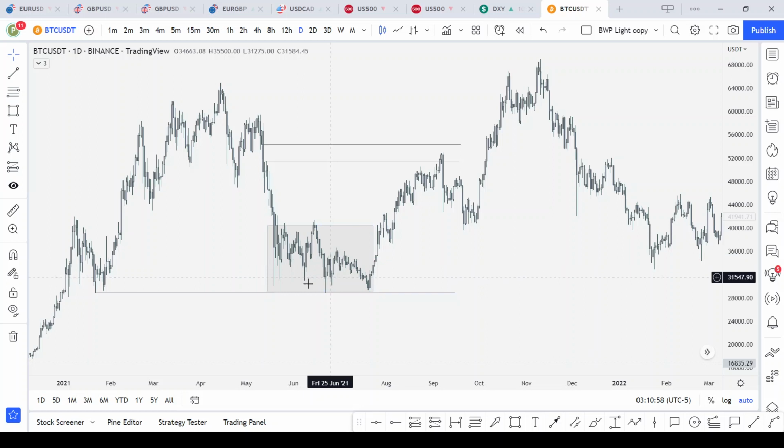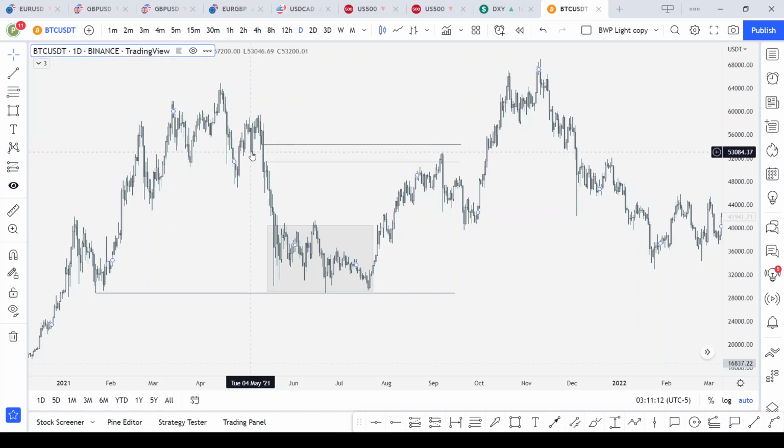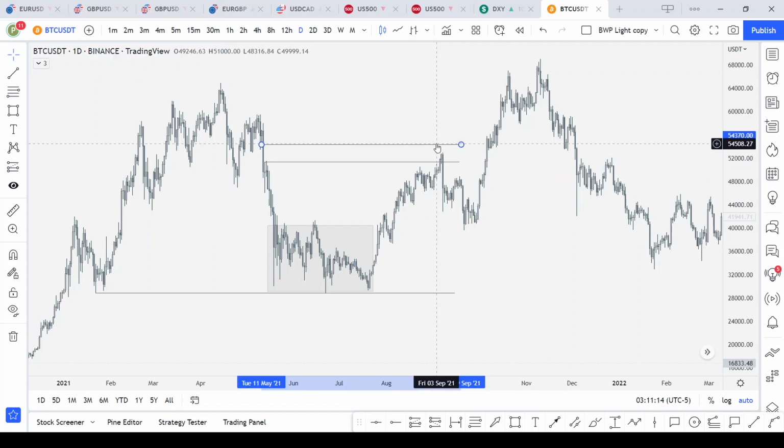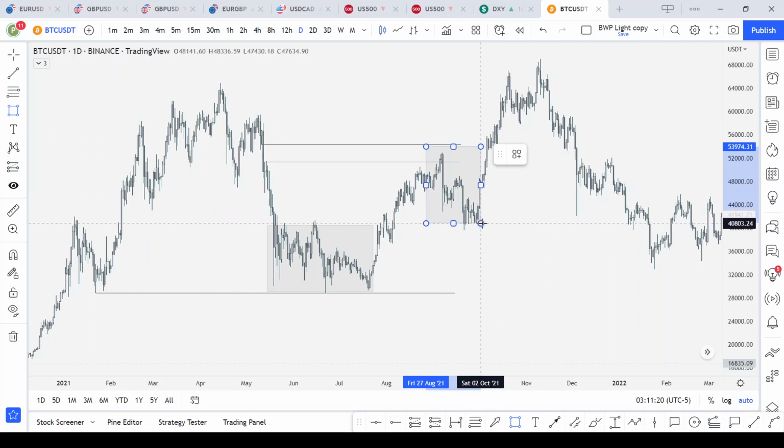So this is that initial consolidation. Remember I said usually it will form an equal high or a relative equal high, and then it will move away from there to a level of resistance. You can see that this is also an order block and a breaker as well. So once it moves to that level of resistance, that is the move to resistance or pause.